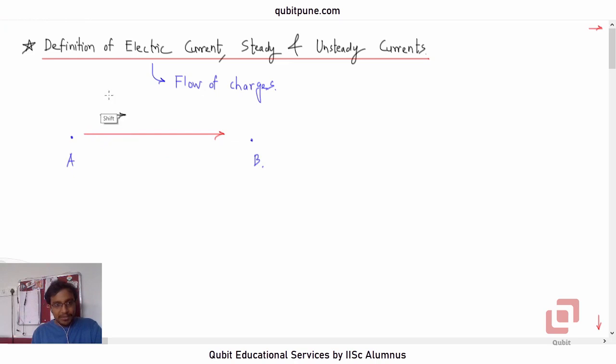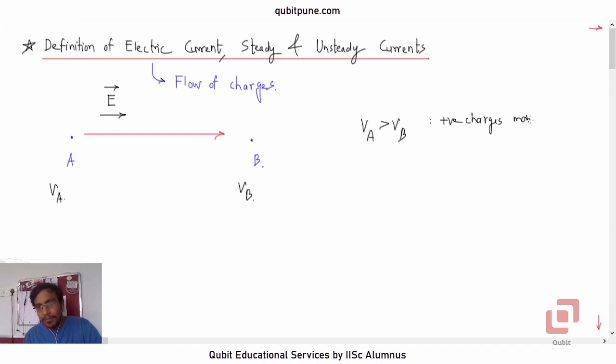So whenever there exists an electric field here, the charges will move in that direction. Or suppose this is VA, the potential at A, and suppose this is VB, the potential at B. So whenever VA is greater than VB, the positive charges will move from A to B.